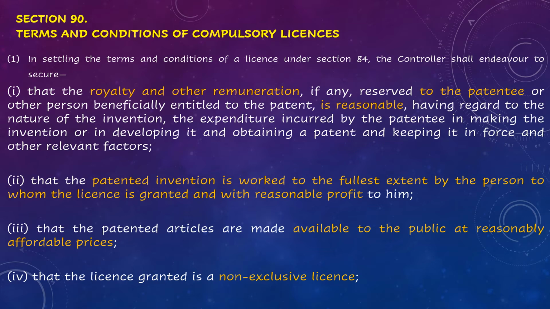Number 3, that the patented articles are made available to the public at reasonably affordable prices. That is, the patented article for which the compulsory license will be granted should be available to the public at reasonably affordable prices. Number 4, license granted is non-exclusive in nature.